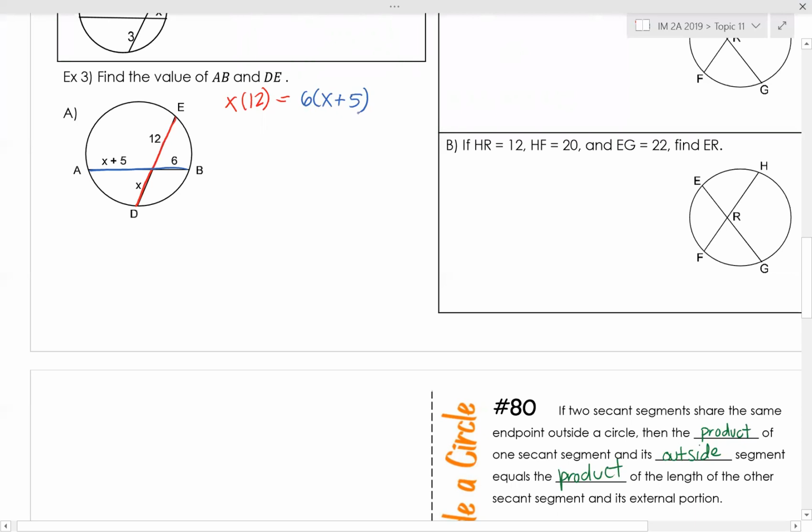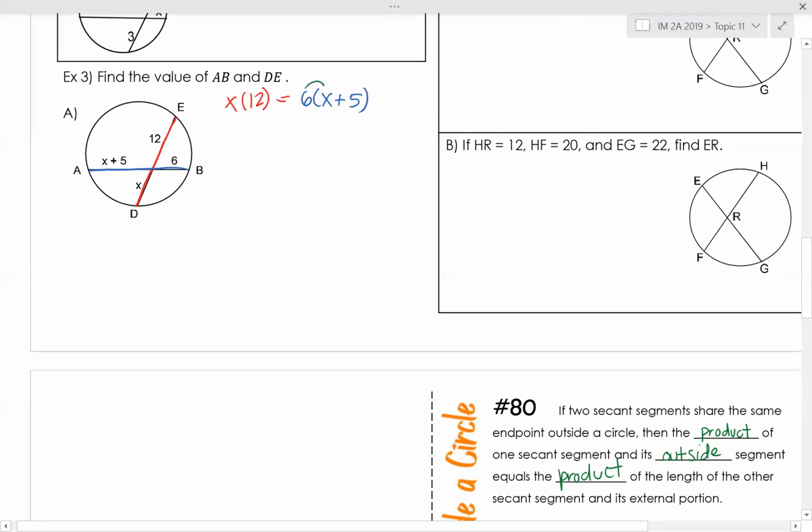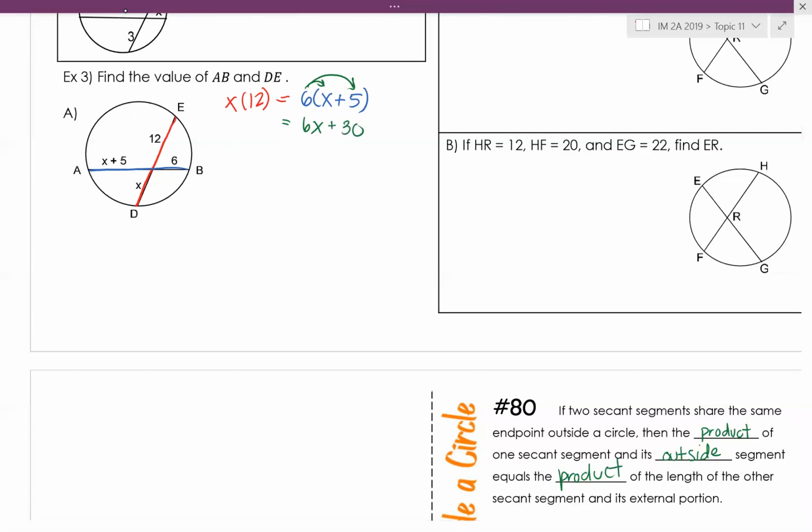I'm going to have to distribute the 6 in order to simplify this appropriately. So the right is going to be 6X plus 30, and the left is just 12X.